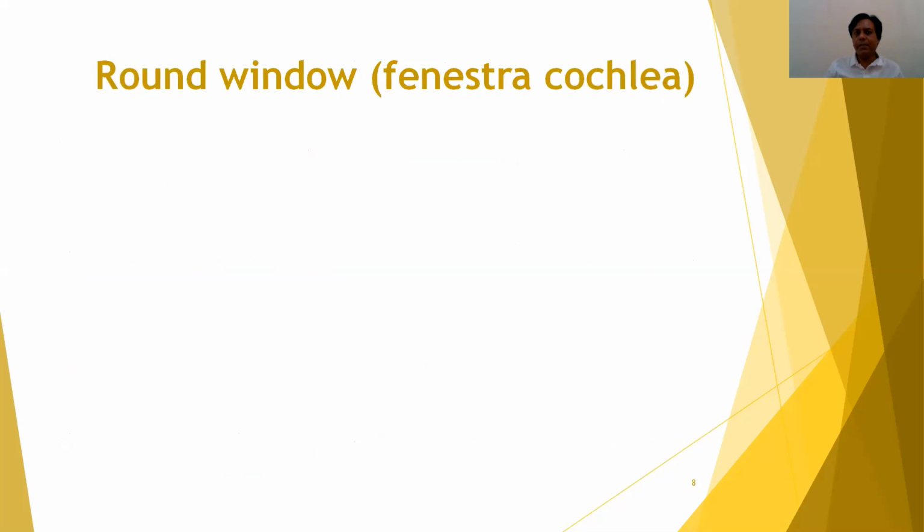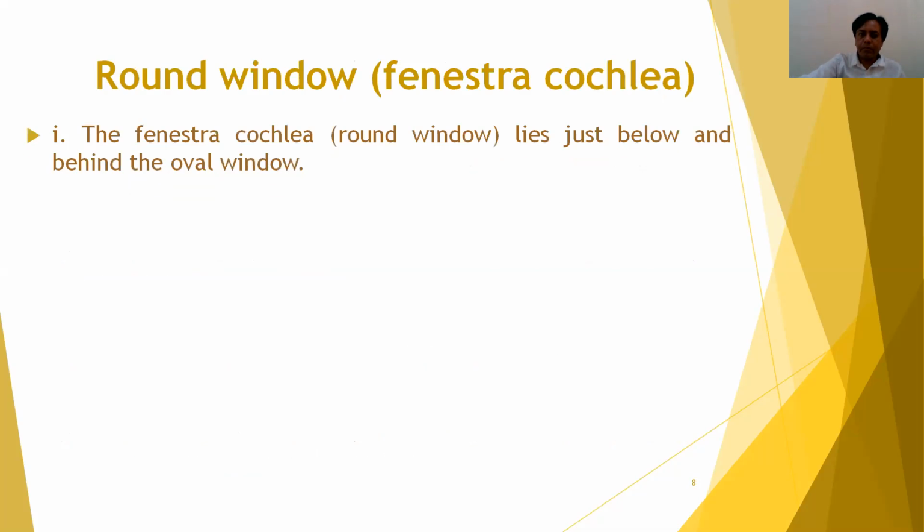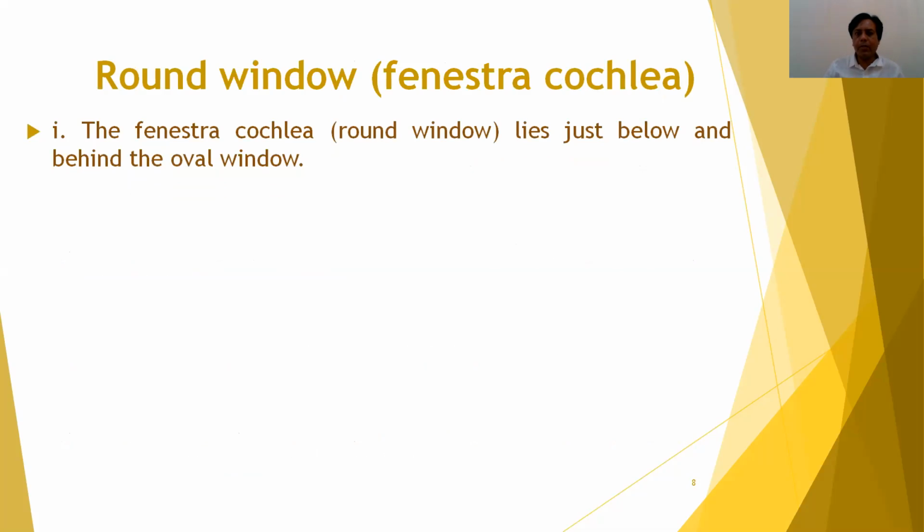Then second is round window, also known as fenestra cochlea. The fenestra cochlea, also known as round window, lies just below and behind the oval window.